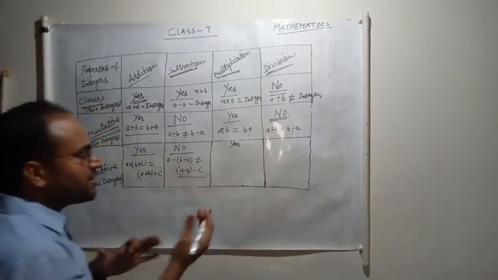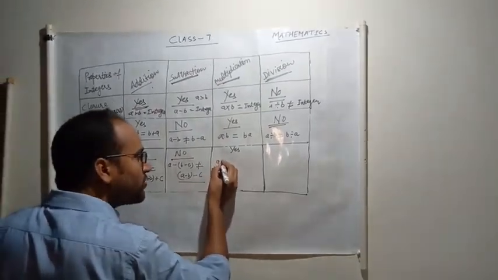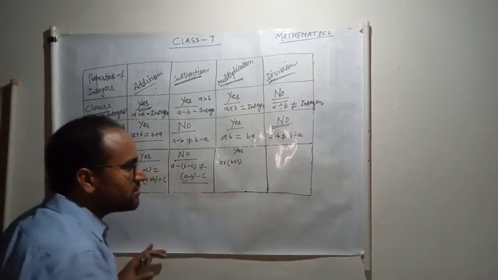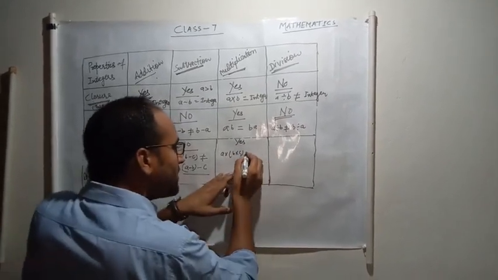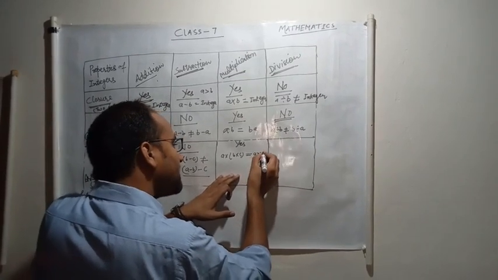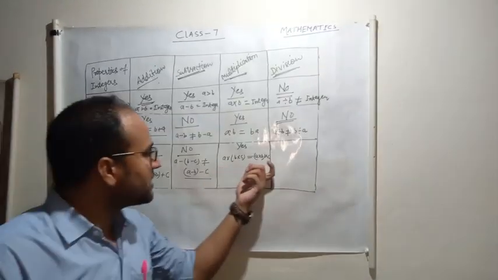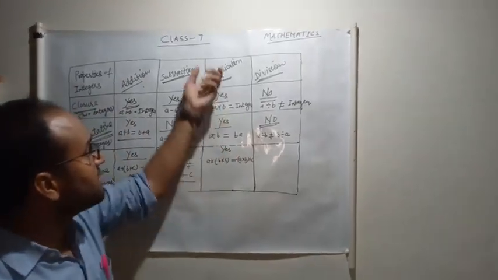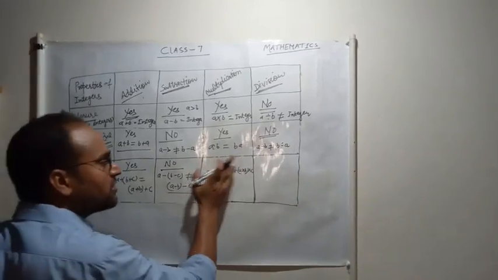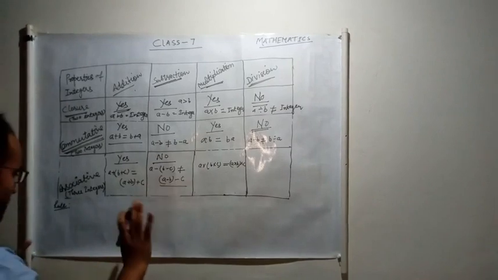Let A, B, C be any 3 integers; then A multiplied by (B into C) in bracket is equal to (A multiplied by B) and C outside. If left side is equal to right side, then we can say that yes, it holds. First we check this one, then we are going to write yes or no.